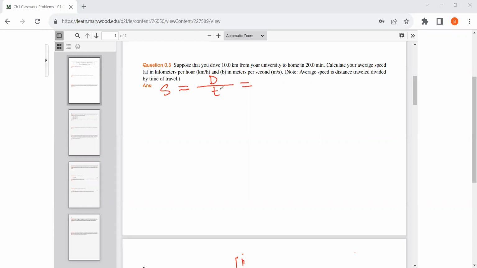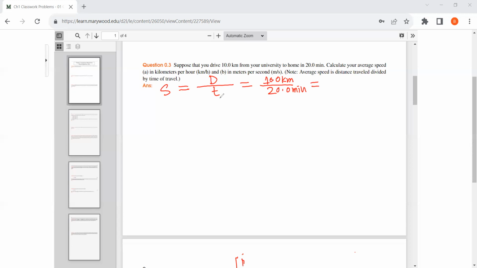So what we have here is 10 kilometers as the distance and 20 minutes as the time.